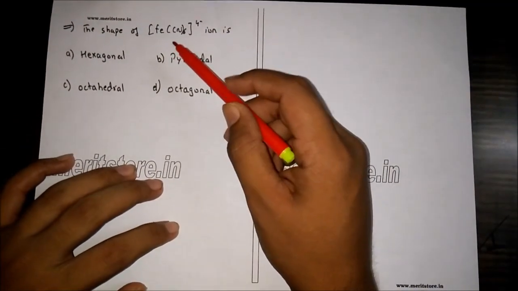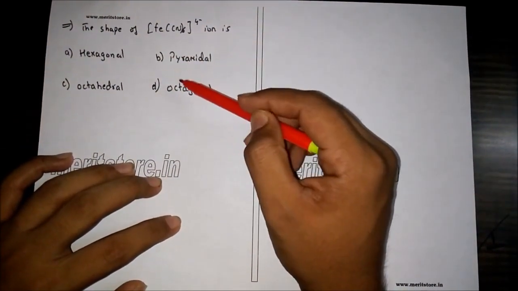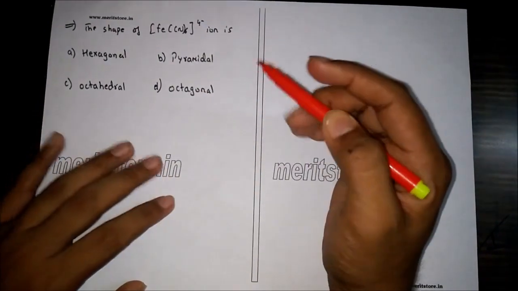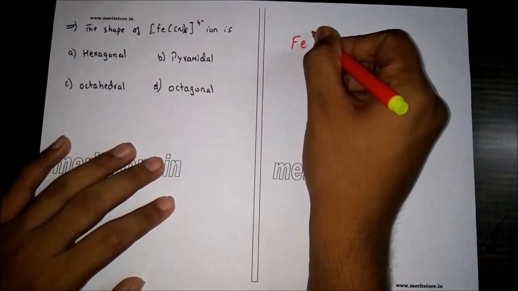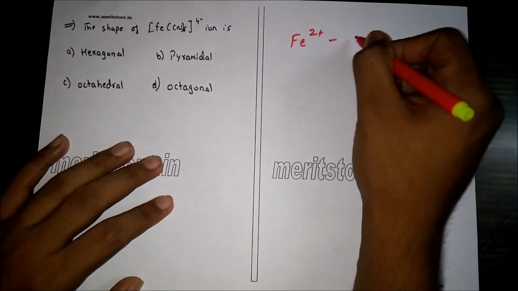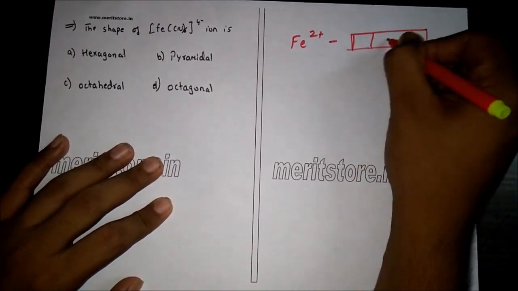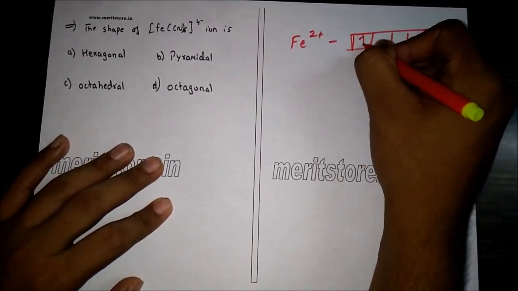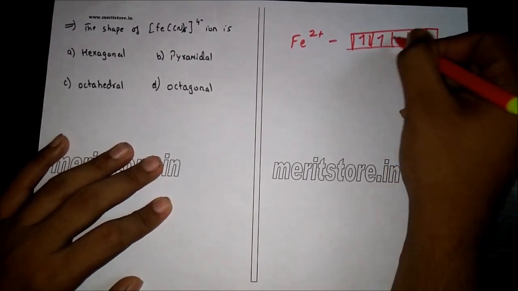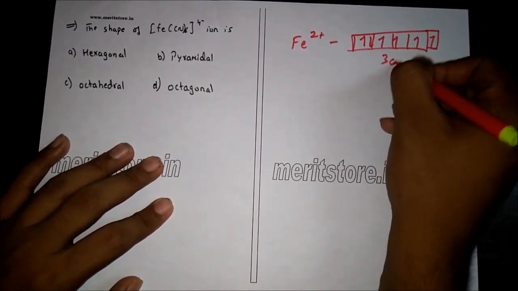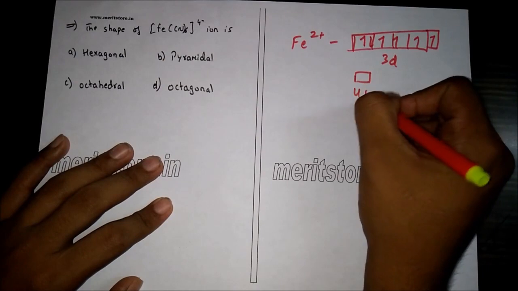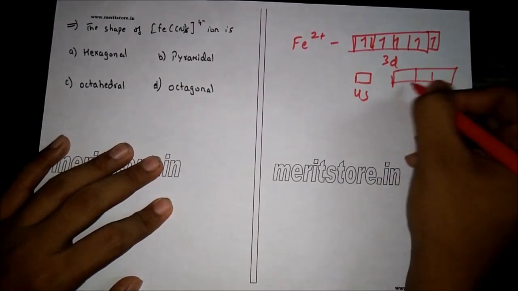The shape of the [Fe(CN)6]4- ion is A, hexagonal; B, pyramidal; C, octahedral; or D, octagonal. Now, Fe2+ has 4 unpaired electrons in 3d, 4s, and 4p.